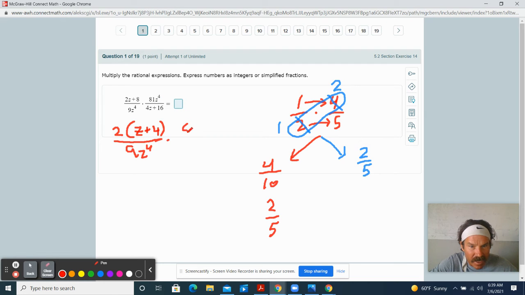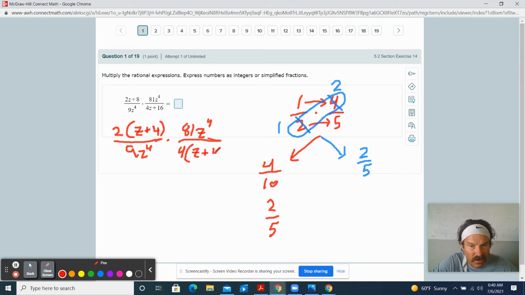And the top there, you can't really factor that. That's just 8z to the 4th. And there's another plus sign there, so 4 goes into both. So it's 4 times z plus 4.